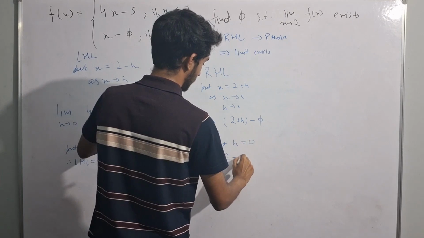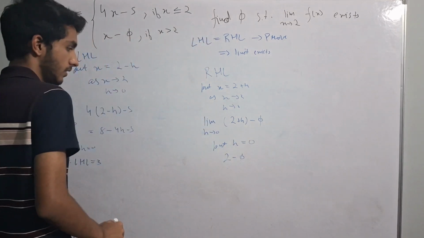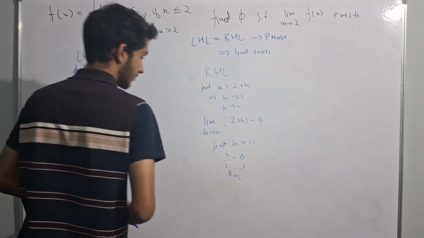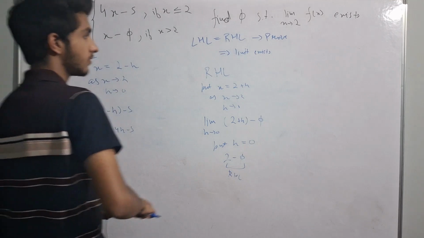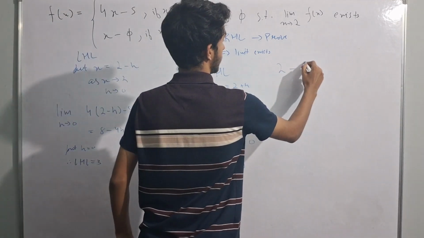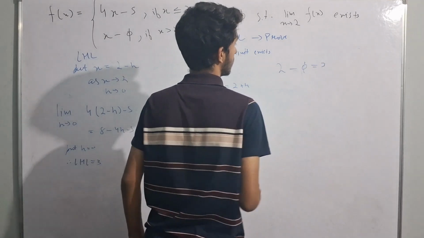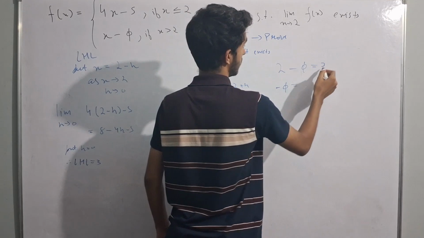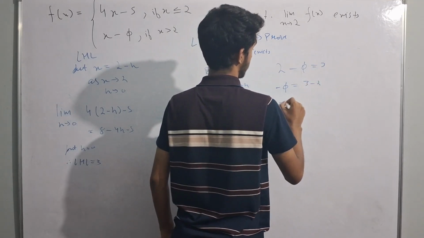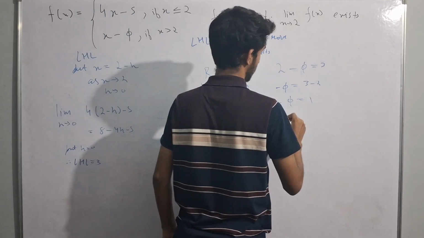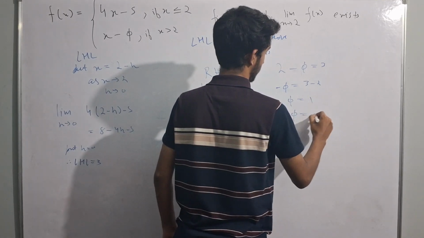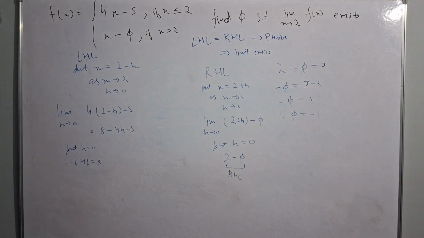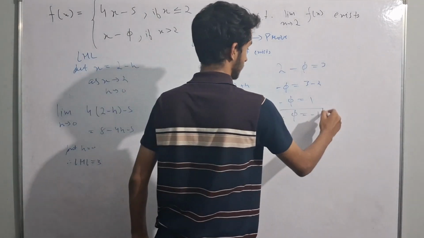We get 2 minus 5. And this is the right hand limit. So we can conclude 2 minus 5 is equal to 3. Therefore, minus 5 is equal to 3 minus 2, which is 1. Therefore, the constant is equal to minus 1. So this is the answer.